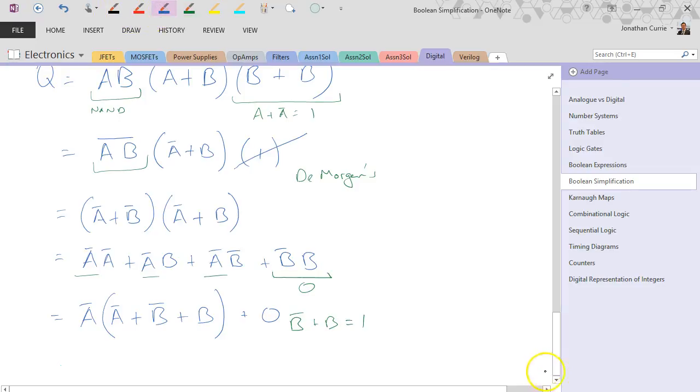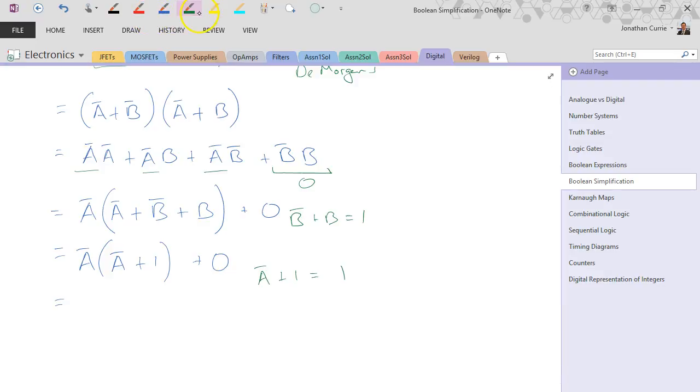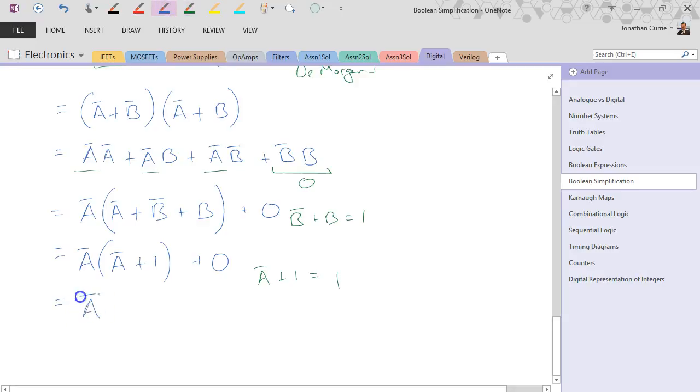So we get, just going down and writing this explicitly, plus 1 plus 0. Going forward, we know that not A plus 1, anything ORed with 1 has to be equal to 1. So we get not A, 1 in brackets plus 0.